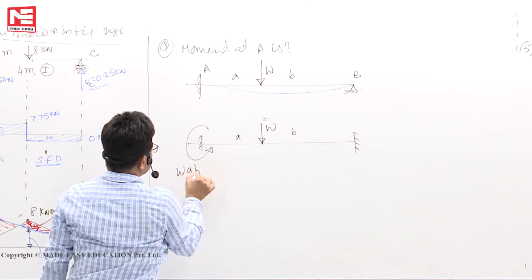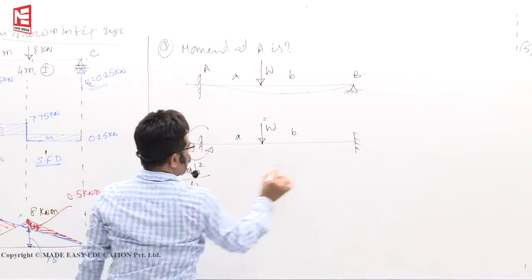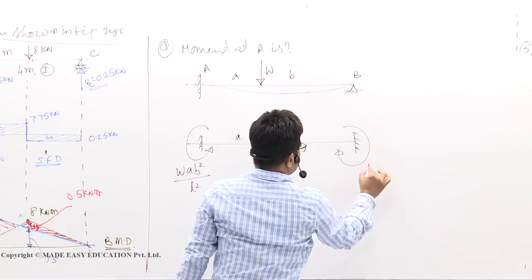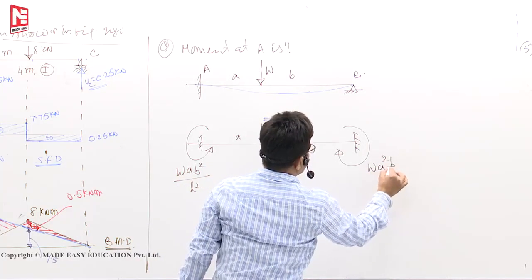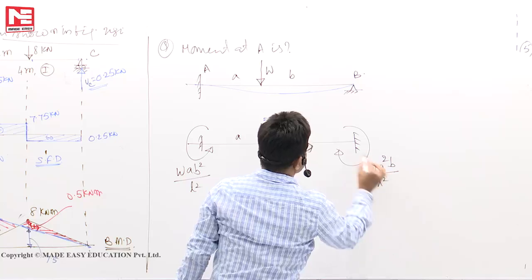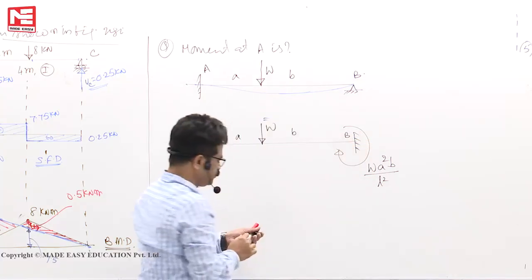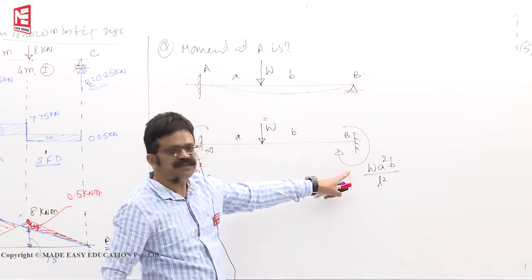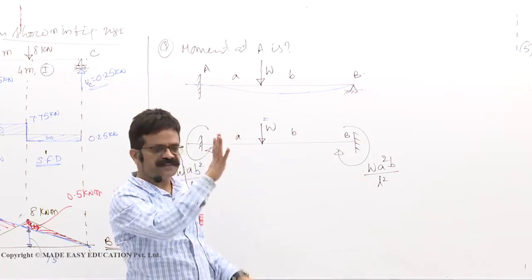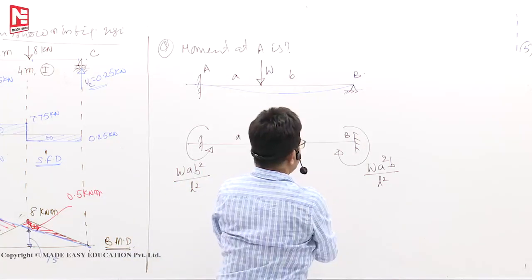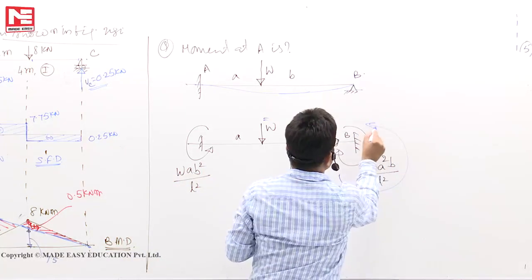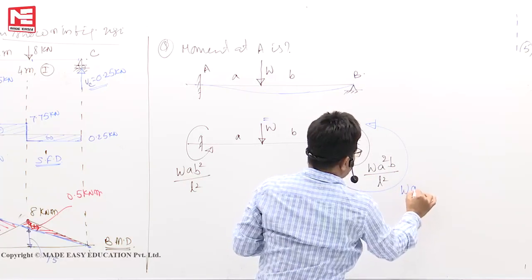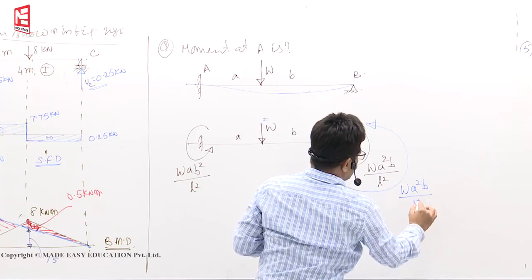W A B square by L square. Here W A square B by L square. This we know. You see here, unnecessarily you fixed it. Now release it. Releasing means what we have to do? You apply anti-clockwise moment. This is W A square B by L square.